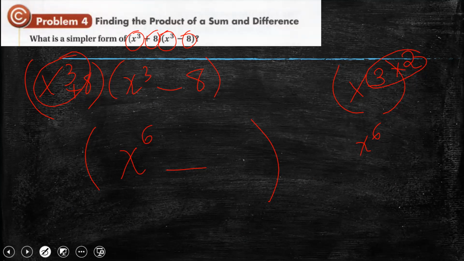Then I will go to the second term. What is the second term here? Positive 8. What is the square of 8? 64. So if you multiply x cubed plus 8 times x cubed minus 8, you will find that it is x raised to the power 6 minus 64.